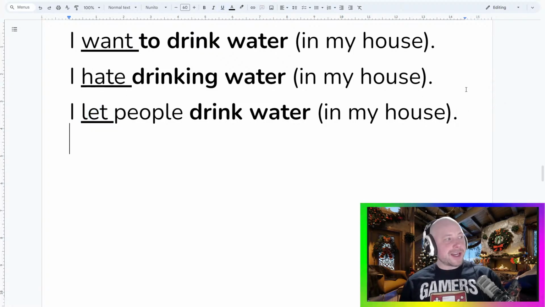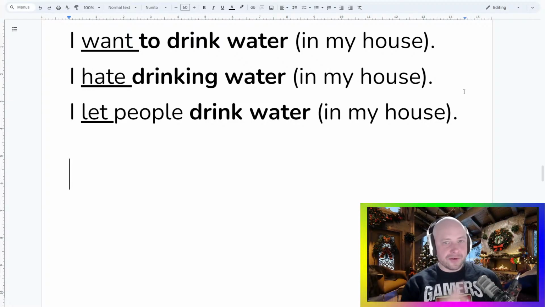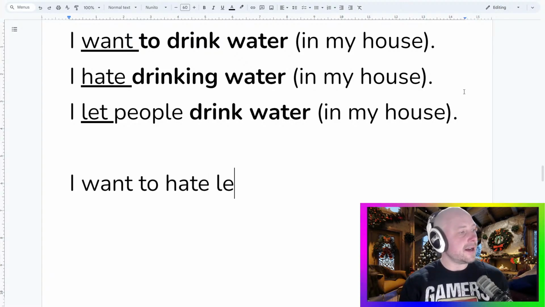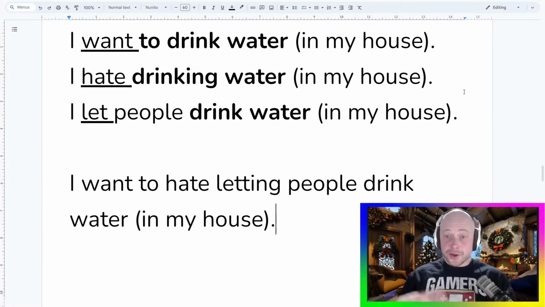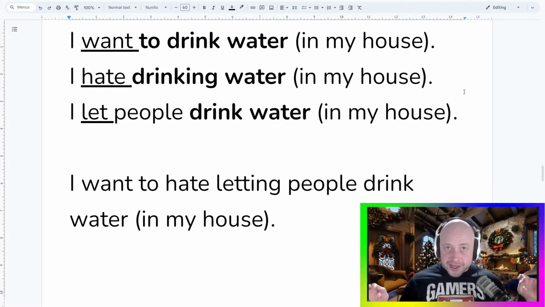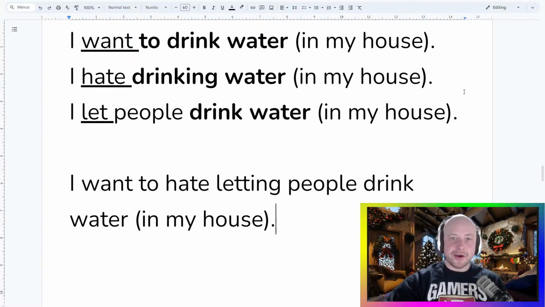And by the way, you can create a chain of these. So you can say something like, I want to hate letting people drink water in my house. Language is recursive. That means language can be infinite. It can go forever.